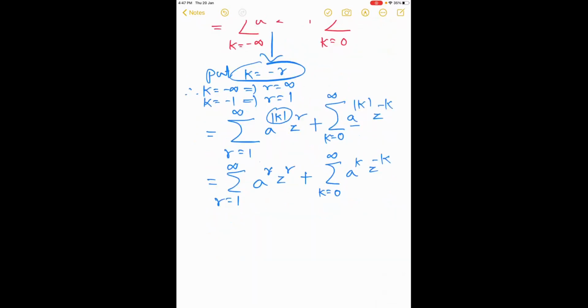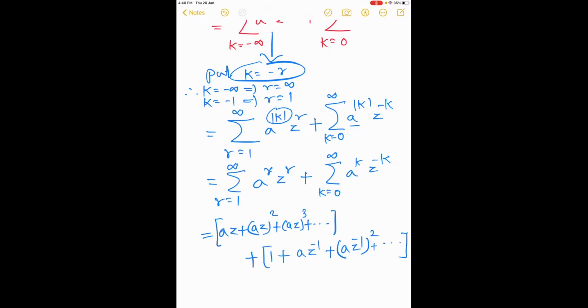Therefore, if we put now r equal to 1, your first term will start from az, second term will be az square, third term will be az cube, etc. This is your first bracket. Plus, for the second, if you put k is equal to 0, it will start from 1. Plus, k is equal to 1, that is az raised to minus 1. Plus, k is equal to 2, az raised to minus 1 whole square, and so on.